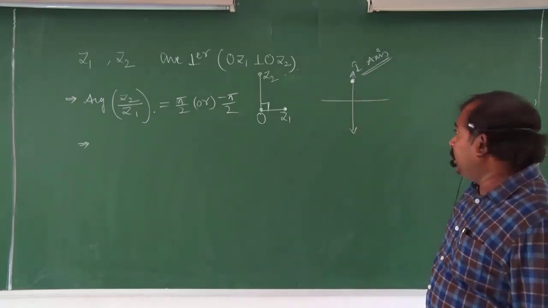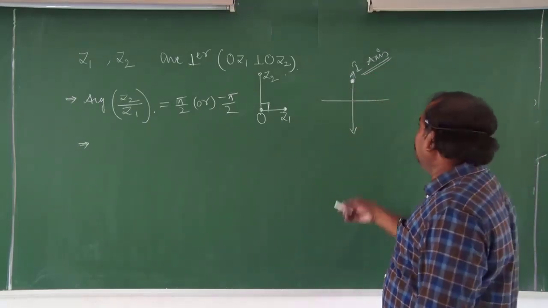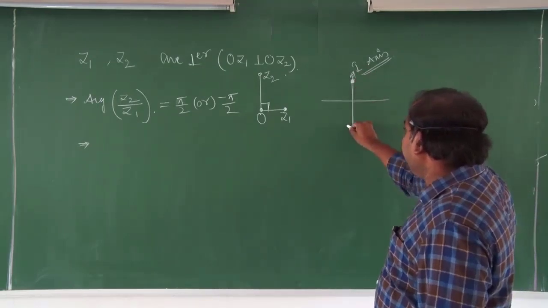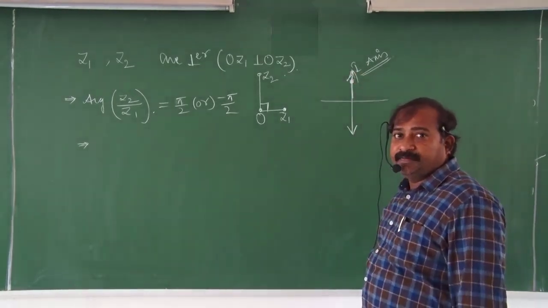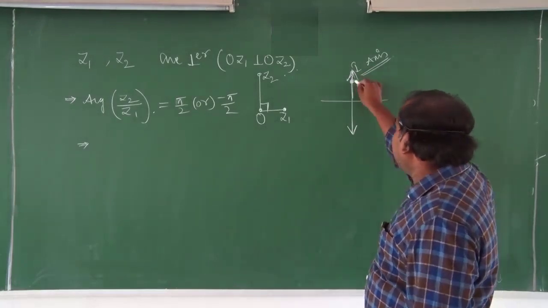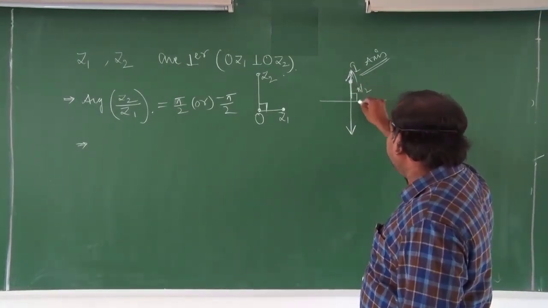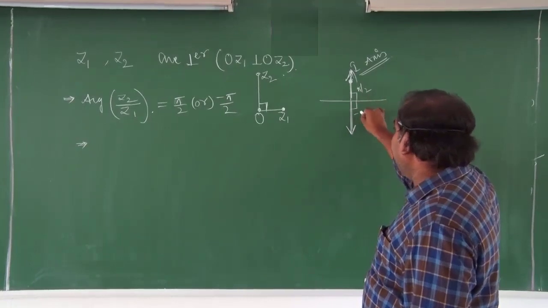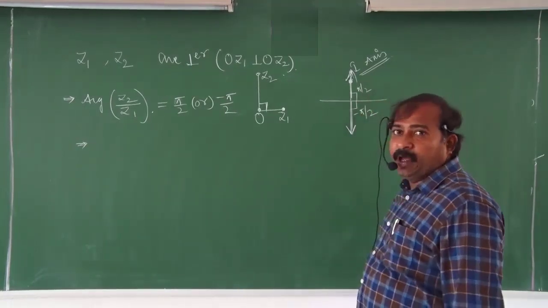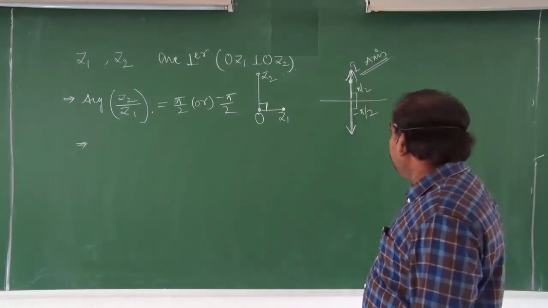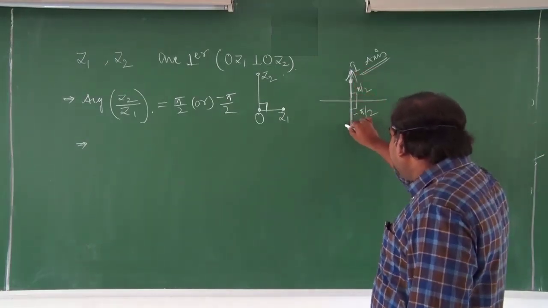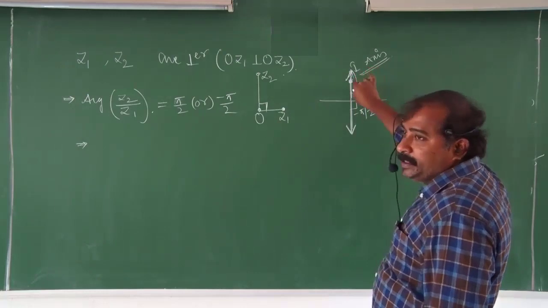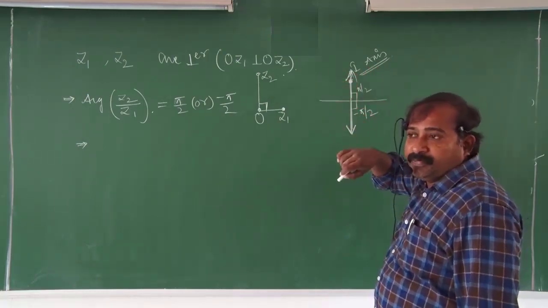If you take any complex number on this imaginary axis, then what is the argument value? Here the argument value is pi by 2. If it is on this side, minus pi by 2 is the argument value. So any complex number that lies on the imaginary axis has argument pi by 2 or minus pi by 2.